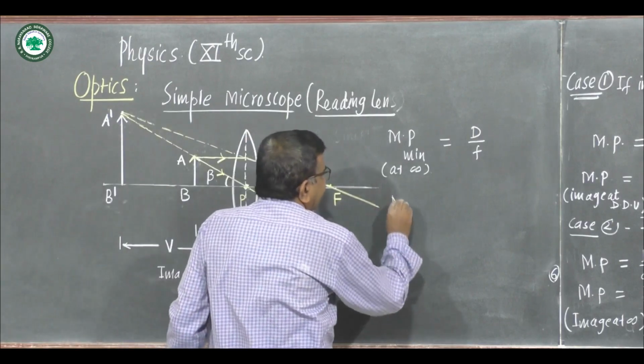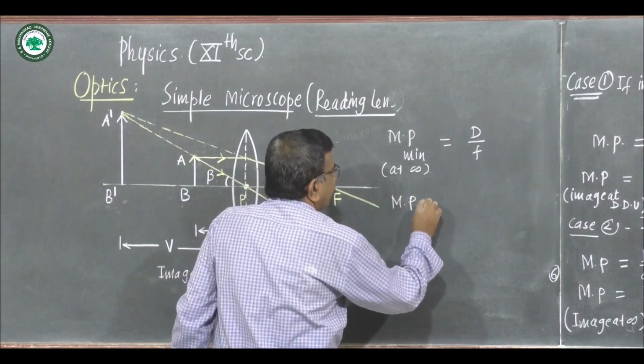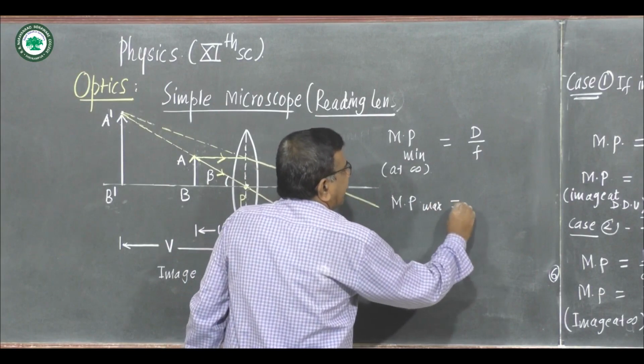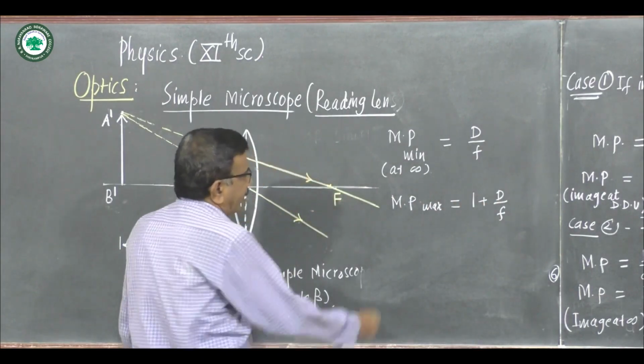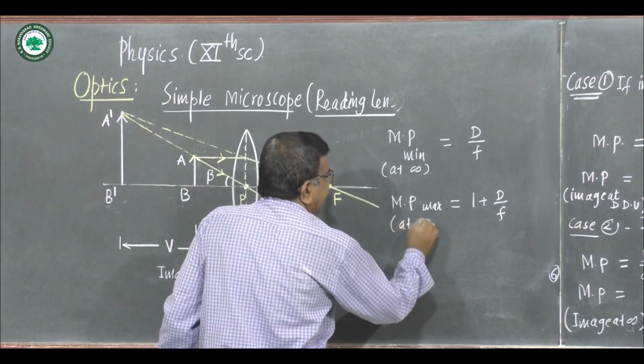Magnifying power is maximum, and that maximum value is 1 plus D upon F if the image is at DDV.